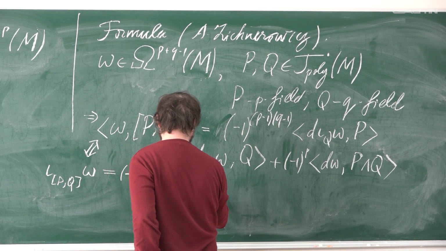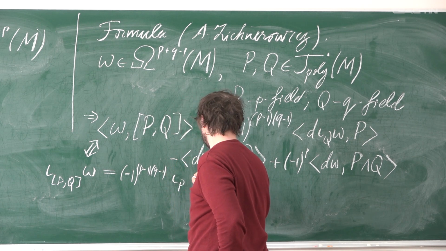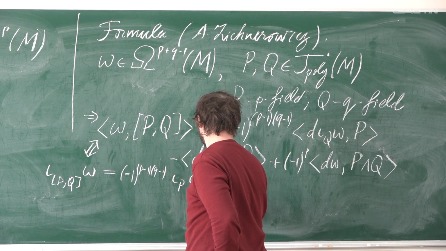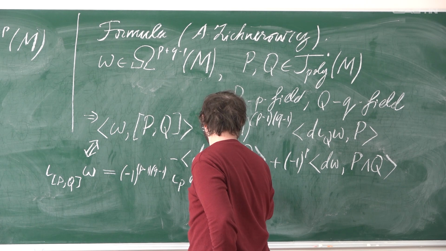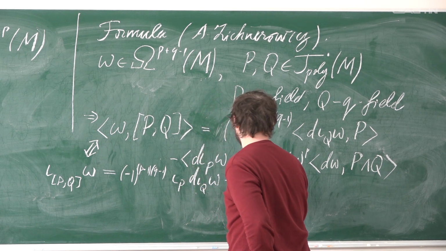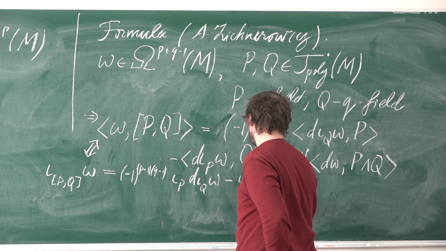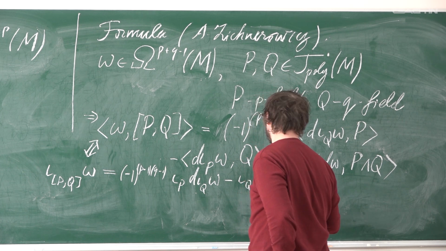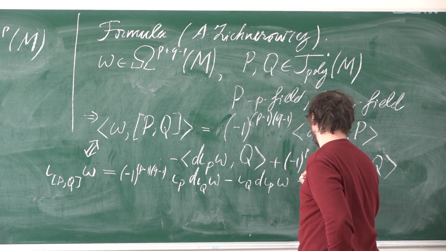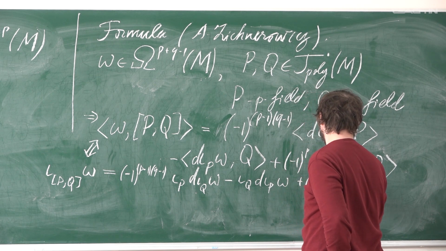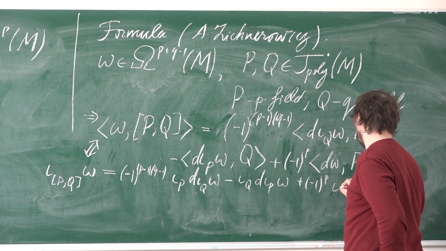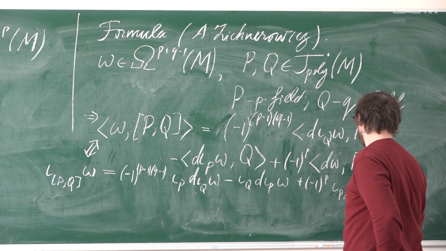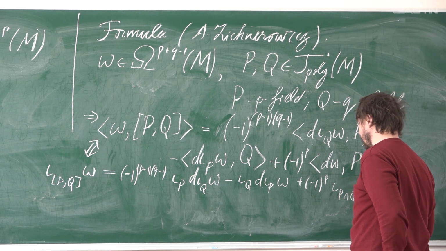i_p d i_q omega minus i_q d i_p omega, and plus minus 1 to the power p, i_{p wedge q} of omega.